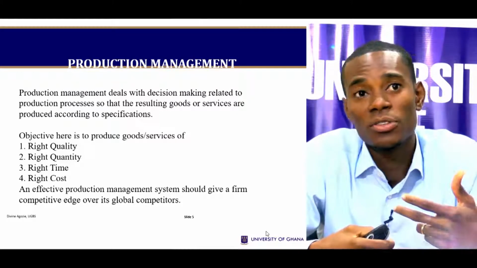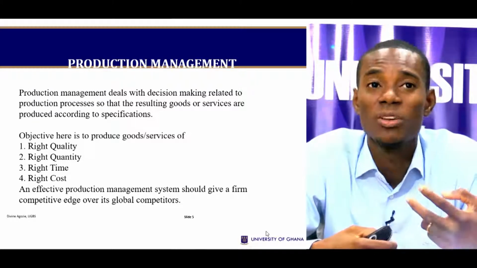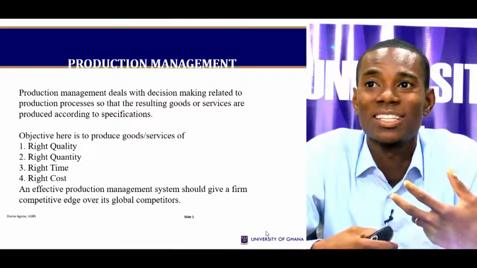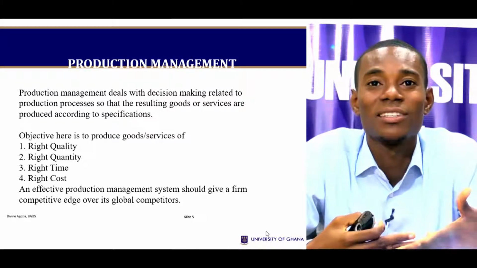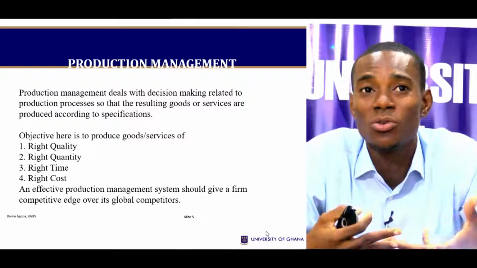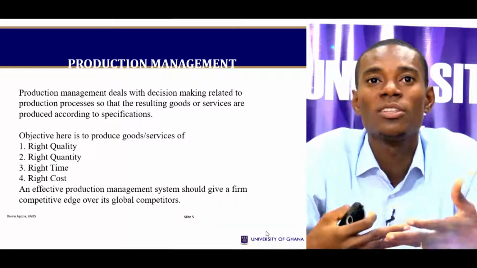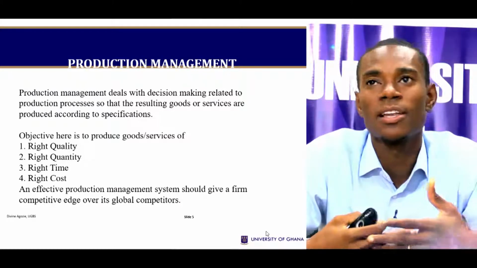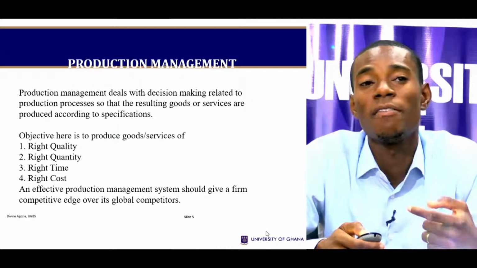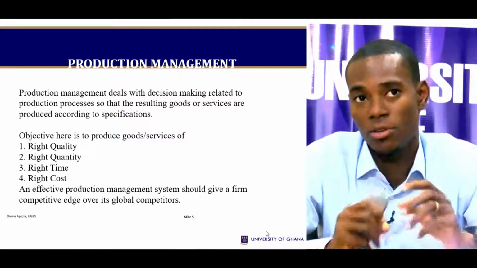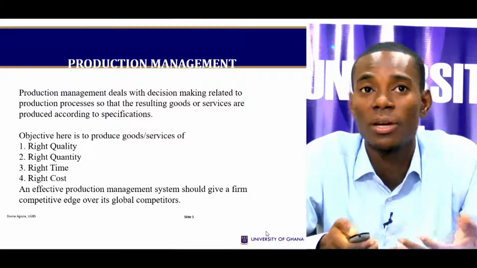Now, if you're producing that very quality items at very low cost, you're going to be making higher revenues. You're getting out the right quantities. You're not just keeping excess production or excess quantities that will be increasing your inventory cost and everything. You do notice that it all culminates into giving you some competitive edge and even moves you into the global market. And so it is the objective of every firm to produce within this scope, and that is what we are talking about regarding production management.